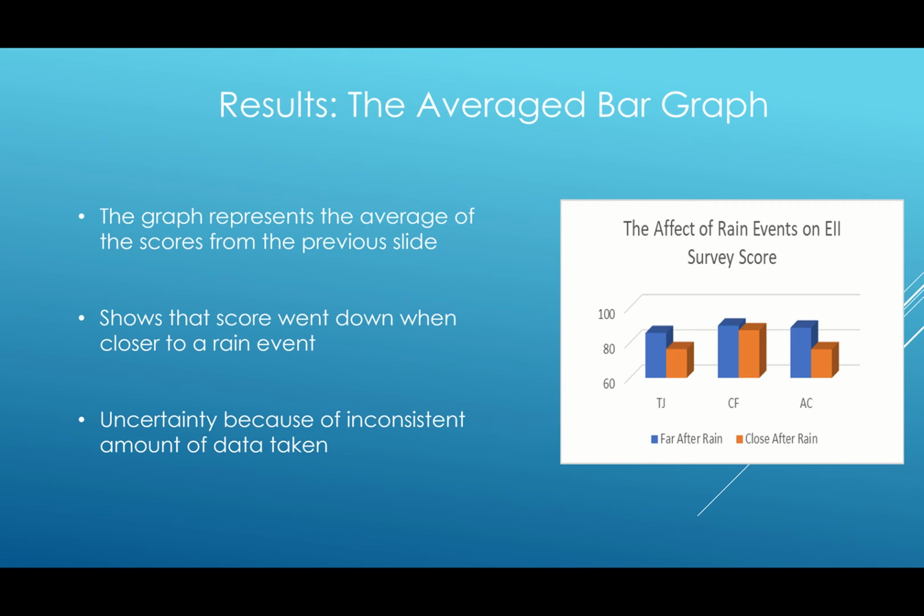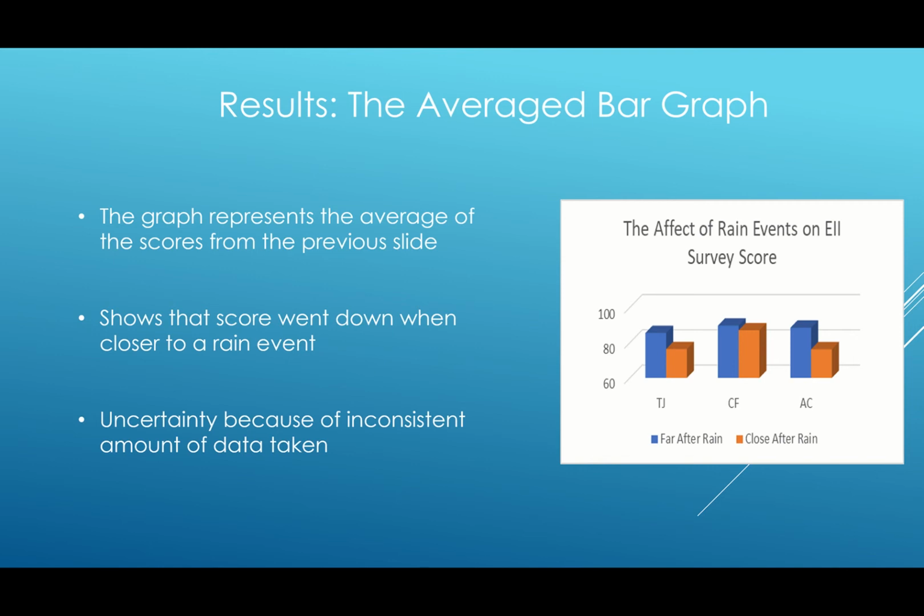So here it shows the averages put into a bar graph, as I was saying before, and I chose the bar graph as it's able to show an accurate comparison showing which one is going down. So as you can see, it shows clearly the blue one is far after rain, the orange is close after rain, and you can see that the survey score obviously went down whenever it's close after rain.